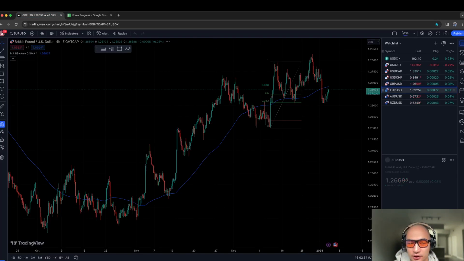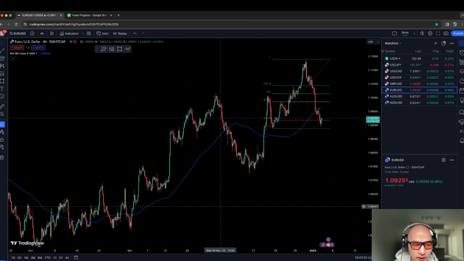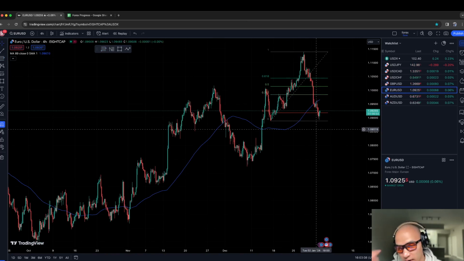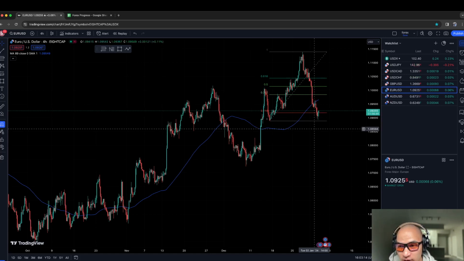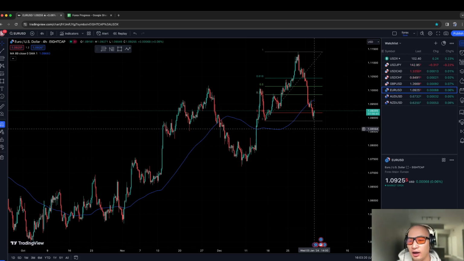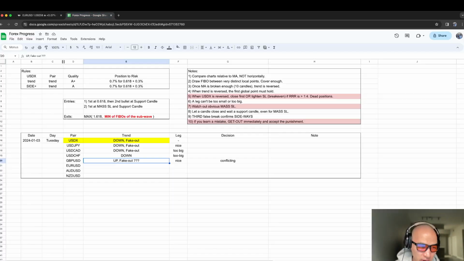Okay, how about euro USD? Here the last directional wave was this, up and down. How many candles have we closed below the moving average? 1, 2, 3, 4, 5, 6, 7, 8. So far, 8 candles have been closed below the moving average, meaning that USD is getting stronger against the euro.